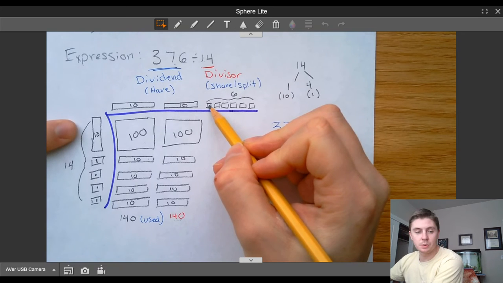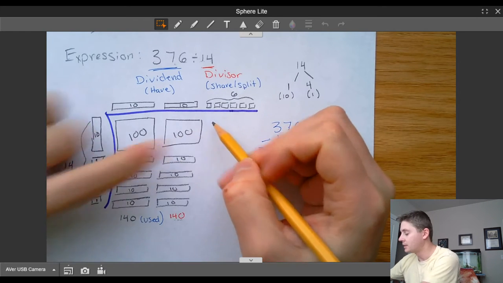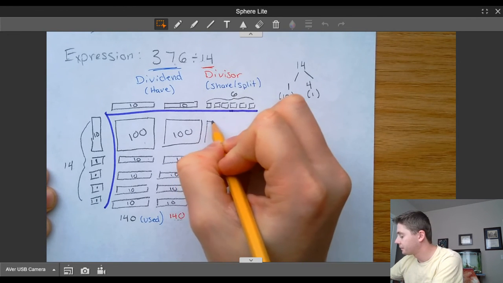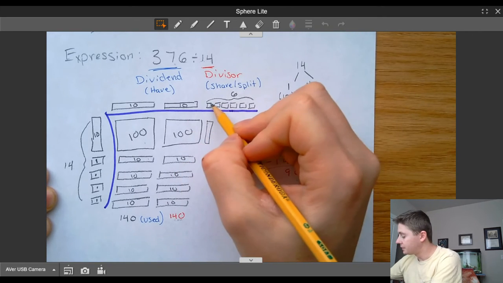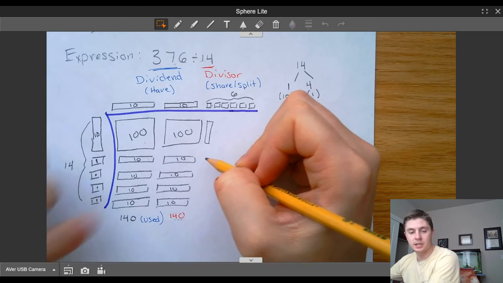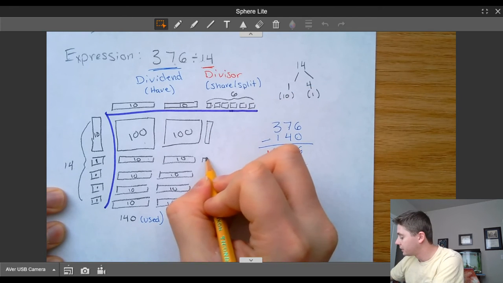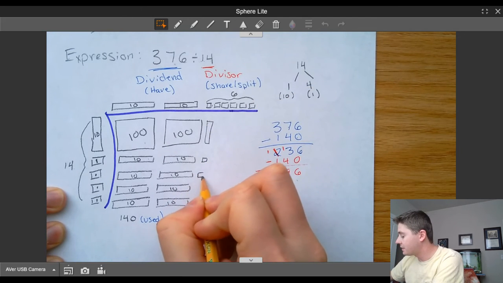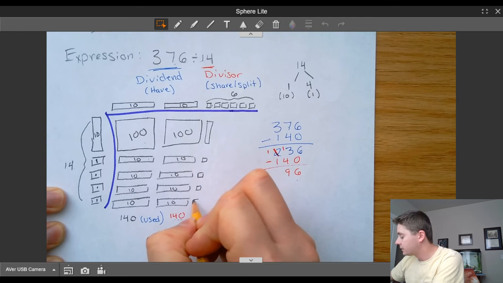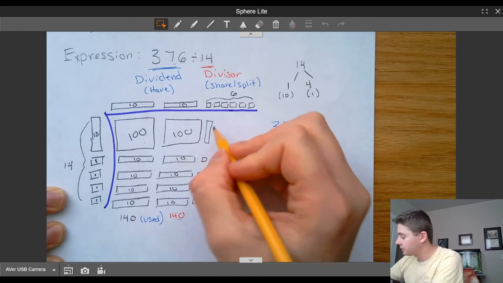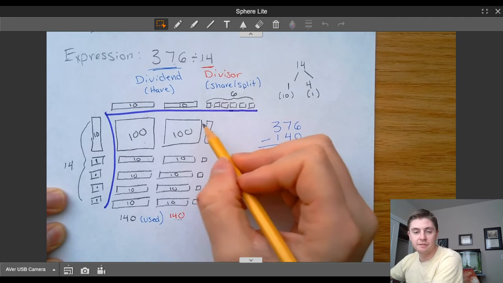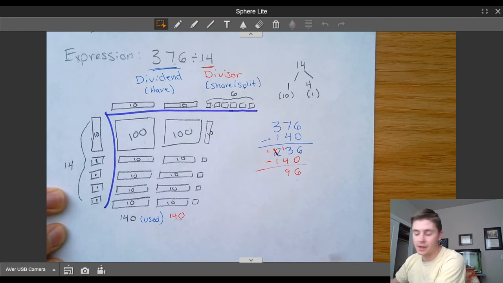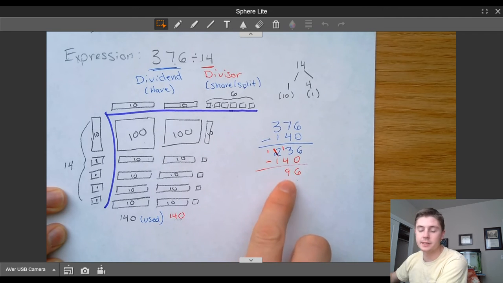If these are worth 1 and these are worth 10, 1 times 10 is going to give me a group of 10. 1 times 1 is going to give me a group of 1. So I'm going to end up having 14 in each individual group. These are worth 10, and these are worth 1. I'm going to go ahead and fill out the rest of this pretty quickly, and then we'll add them up to see if I'm close to that 96.